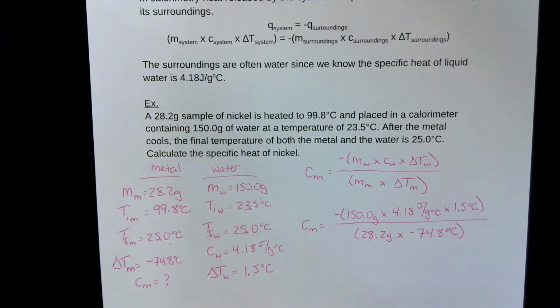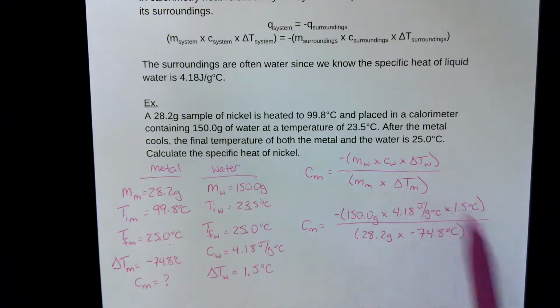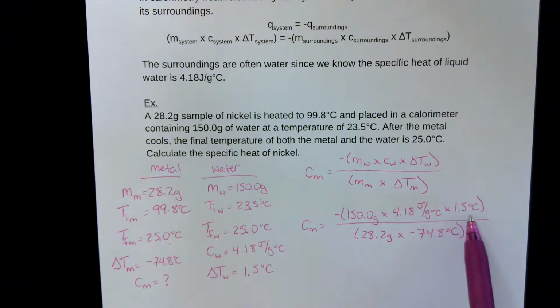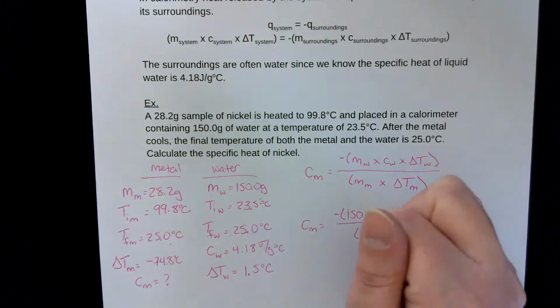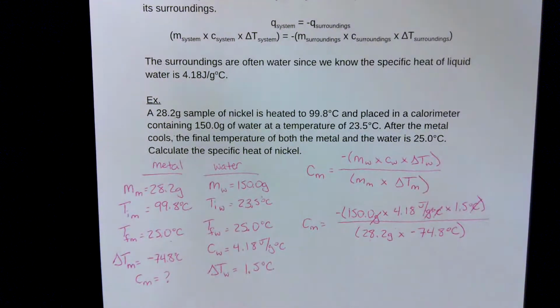The other thing that happens is with our units. So when we multiply these three values together, grams is going to cancel out, and so is degrees Celsius along the top. When I multiply these two things together, nothing cancels out, so I end up keeping both units, grams, degrees Celsius.